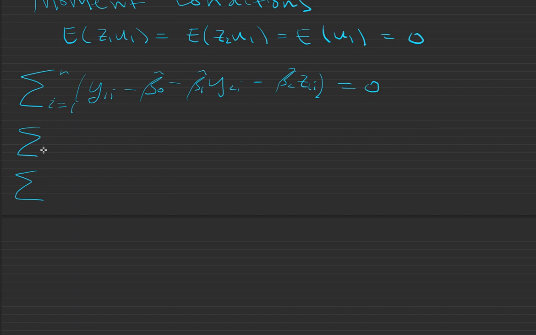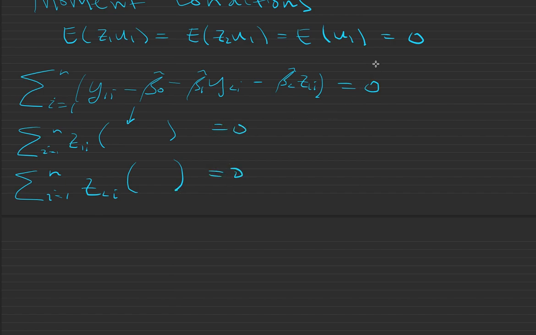In the second equation, we have the sum from i equals 1 to n of z1i, and the same thing in parentheses. In the third moment condition, we have the sum from i equals 1 to n of z2i, and the same thing in parentheses, equals 0.